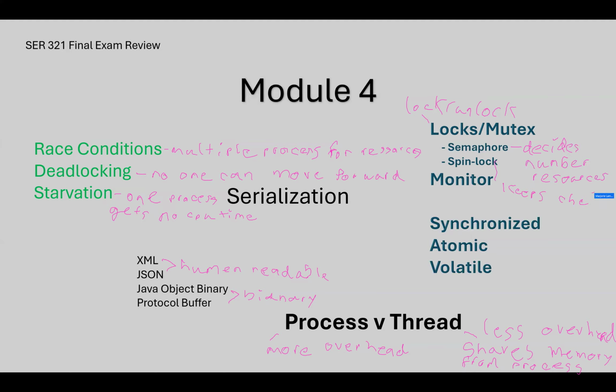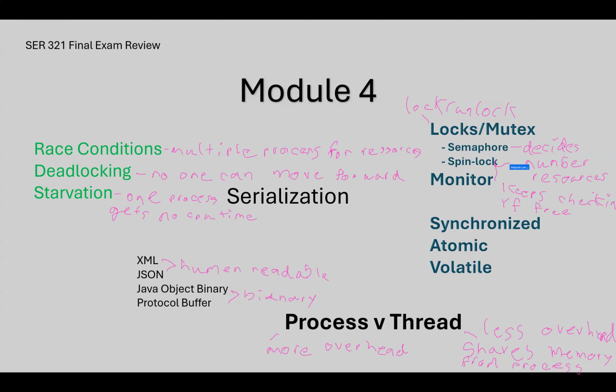And this is kind of where things get confusing, at least to me, because the mutex or the lock controls access to shared data, but the monitor is an object level lock.